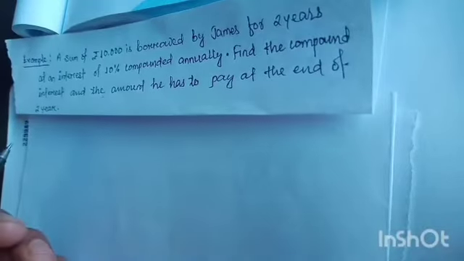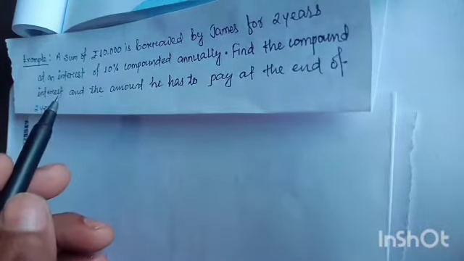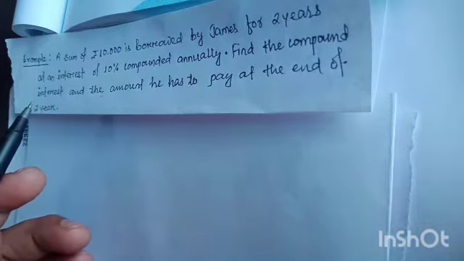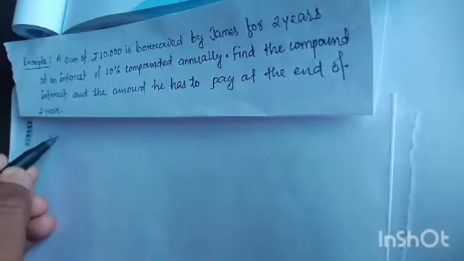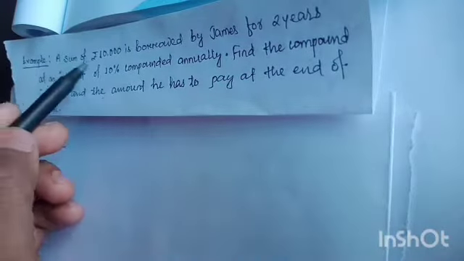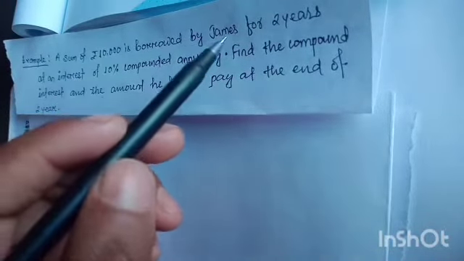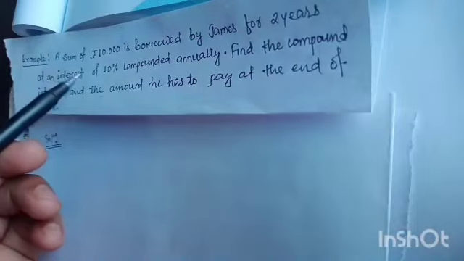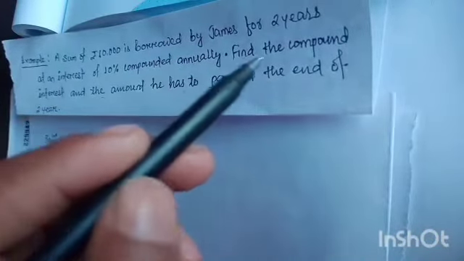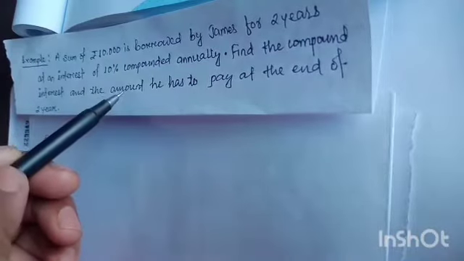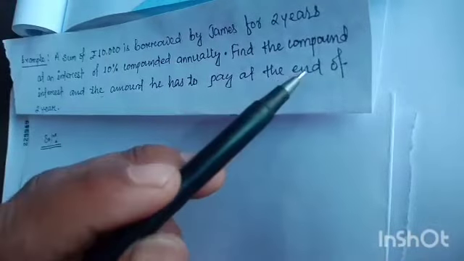So this sum can be done with a different method, and I am going to show you. The same question, with a different method. Whichever method you find easy, you can use. See the solution. A sum of rupees 10,000 is borrowed by James for 2 years at an interest of 10% compounded annually. Find the compound interest and the amount he has to pay at the end of 2 years.